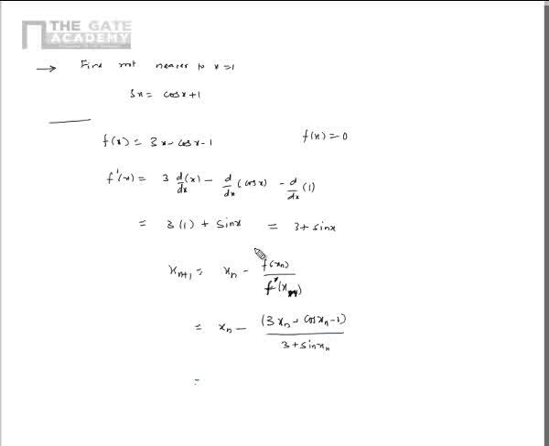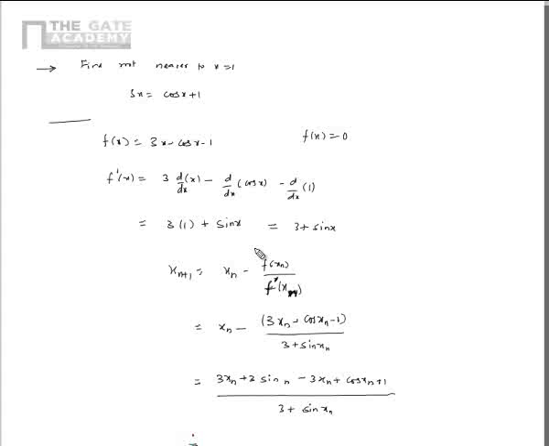Now if you resolve this, it will be 3h n plus h n sin h n minus 3h n plus cos h n plus 1, all by 3 plus sin h n.